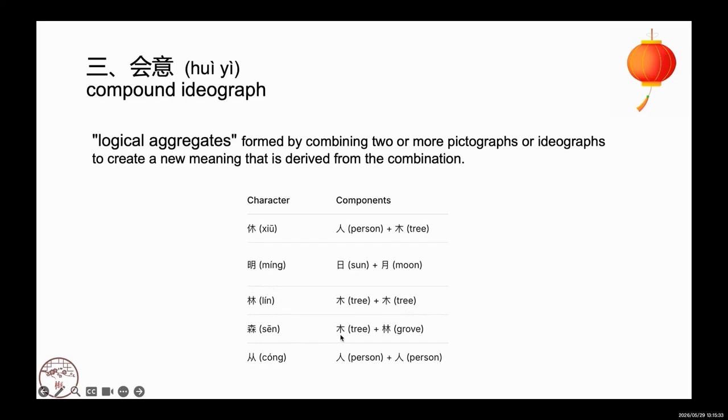And the fourth one, that's interesting. It has 3 trees. We can see there are 3 single characters combined together, right? Apparently it has more trees than the 2 trees character. This is Sen, this is Lin. So what has more trees than a grove or woods?